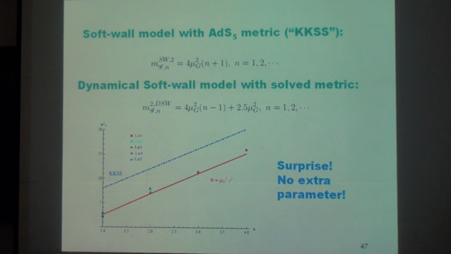If we only have the AdS5 metric, like the KKSS model, where they introduce the quadratic dilaton field but keep the AdS5 metric, then this is basically an exact analytic result.